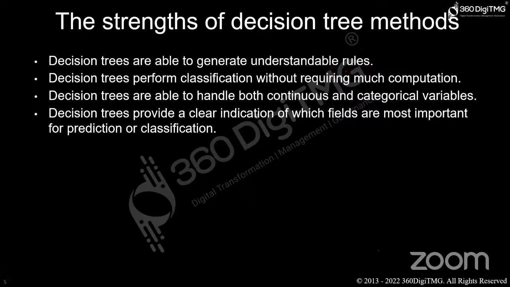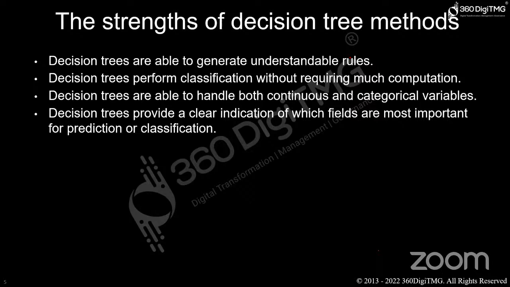Now, talking about the strengths of the decision tree method. What are the strengths where we can capitalize on decision trees? First, decision trees are able to generate understandable rules. Second, decision trees perform classification without requiring much computation. You don't need to put much computational burden to perform your classification.